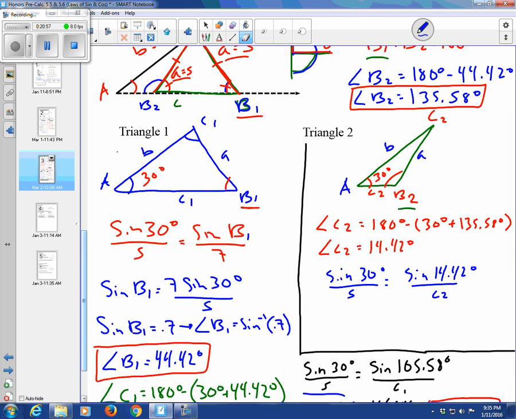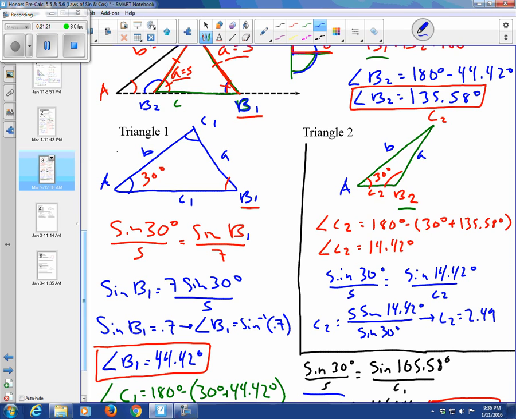C2 is going to equal 5 times sine of 14.42 degrees over sine of 30 degrees, which gives us side C2 as 2.49. And those are 3 lengths for our second triangle.